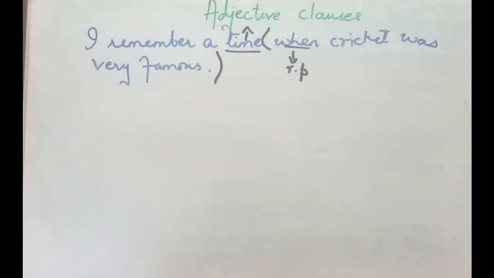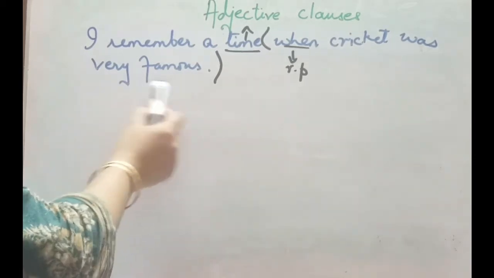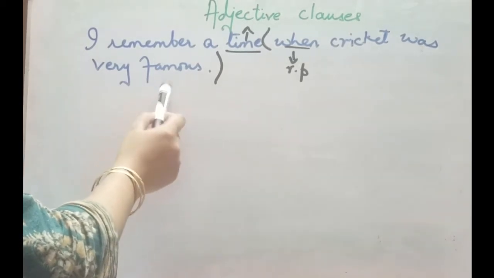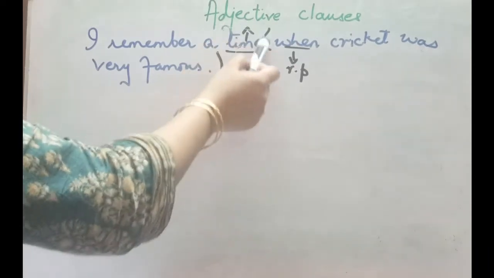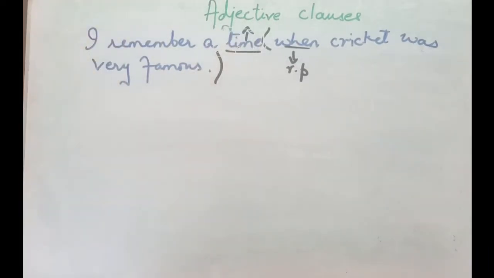Since an adjective clause is at the end of a sentence, it must modify the word that comes right before it. This will be your modifying term always. Okay, remember this. This will be your noun, and in this case we have a noun over here. Now we have got adjective clauses divided into two subcategories, that are essential and non-essential clauses.